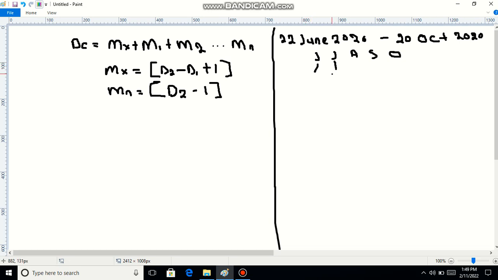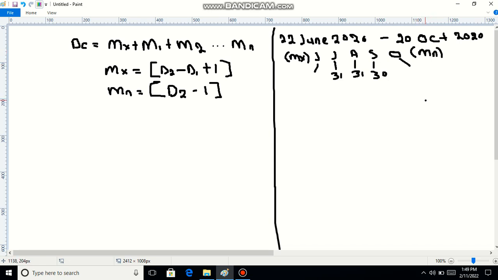July is 31 days, August is 31, September is 30 days. Now let's apply the formula to get the number of days for June as well as the number of days for October. So our June is going to be our mx, and our October is going to be our mn.